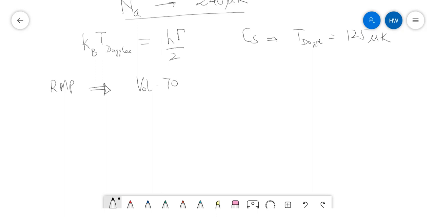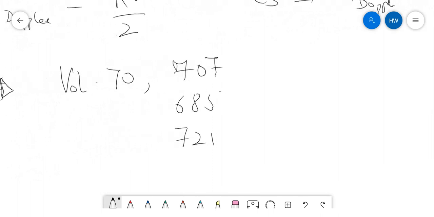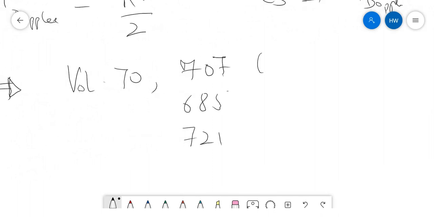These are people who shared the Nobel Prize for cooling. You can look at page number 707, page number 685, as well as page 721. These are essentially the Nobel lectures of these three people, and you'll get a lot of references there, which you can follow through and get to much bigger details.